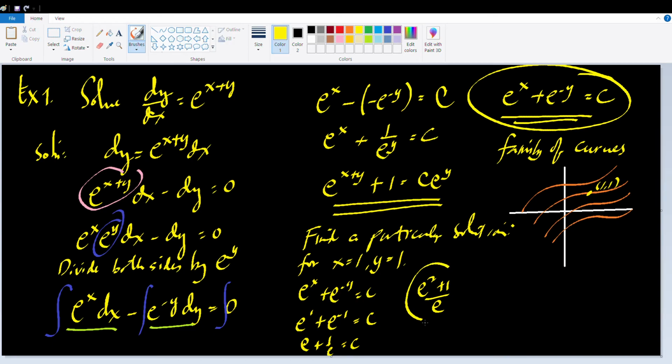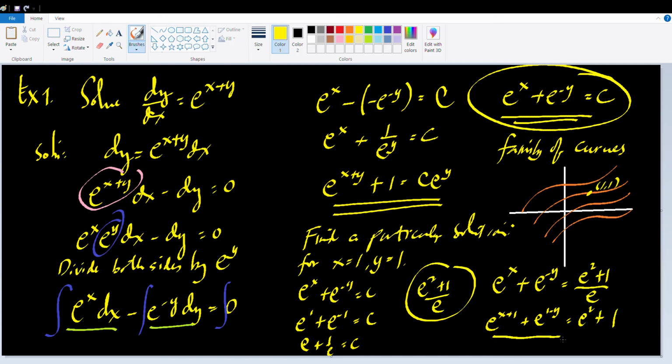So just substitute this value to c, and you have the particular solution, e to the x plus e to the minus y equal to e squared plus 1 all over e. You can multiply everything by e to get e to the x plus 1 plus e raised to 1 minus y equal to e squared plus 1.